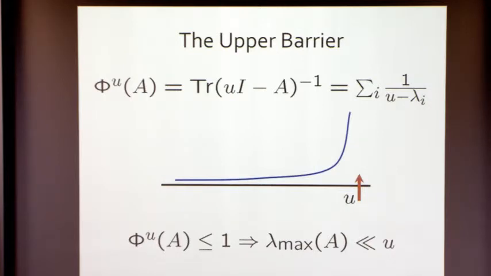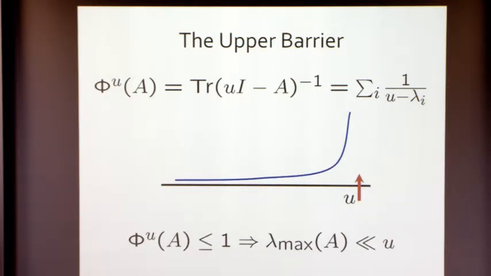My induction hypothesis is now the following stronger statement: the eigenvalues are less than u, and this upper potential function is bounded by 1. So the sum of reciprocal distances is bounded by 1. That certainly implies that the eigenvalues are less than u, but it also implies that the largest eigenvalue must be at a distance at least 1 from u.